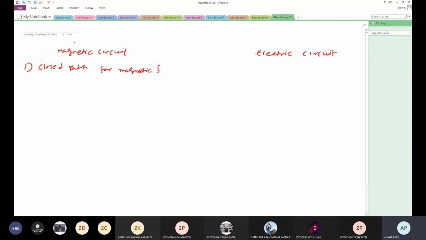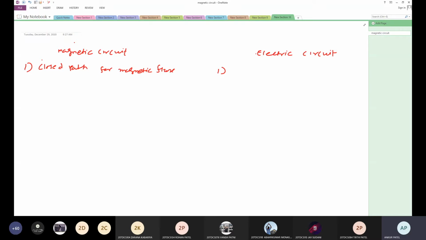So tell me for current: the closed path for magnetic flux is called magnetic circuit. So what can I say for electric circuit? Anyone? For magnetic circuit, closed path for magnetic flux. Here what can I say for electric circuit?